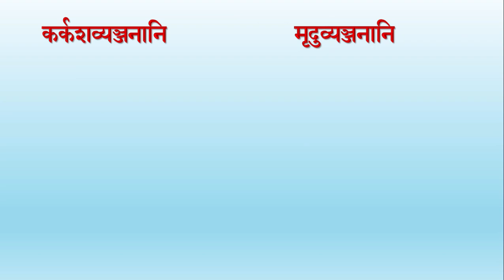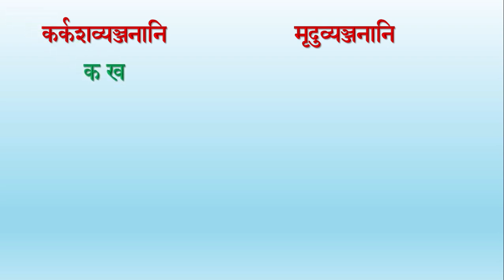What do we mean by Karkasha Vyanjanaksharani and Mrudu Vyanjanaksharani? In Sanskritam, Vyanjanaksharani are of two divisions, that is Vargiya Vyanjanaksharani and Avargiya Vyanjanaksharani. Among the Vargiya Vyanjanani, the first two letters of each Varga are called Karkasha Vyanjanaksharani.